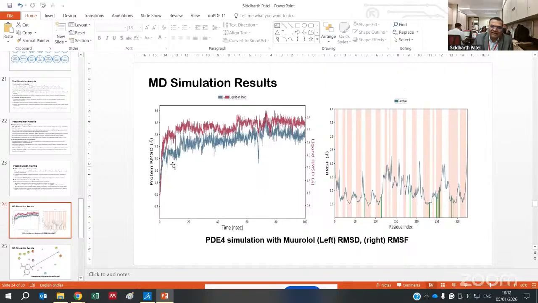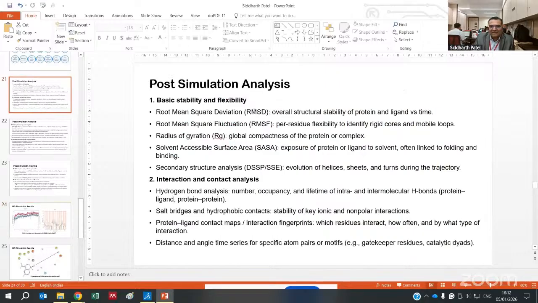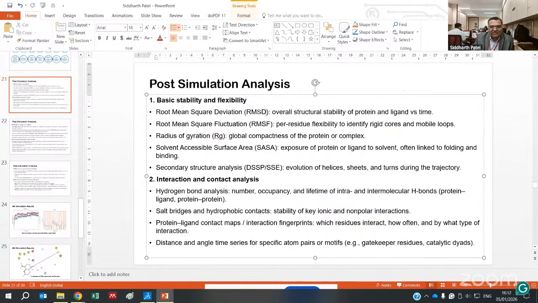Here also it is very less, but most of the times in this area, around 70 to 75 nanoseconds, nsec is nanosecond, the flexibility is almost similar. So this kind of study can be done by the RMSD method, which is basic stability and flexibility study, so that we can understand how flexible the protein and ligand are before and after the reaction.